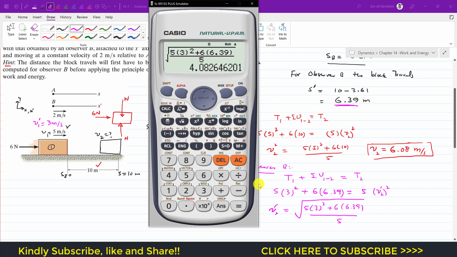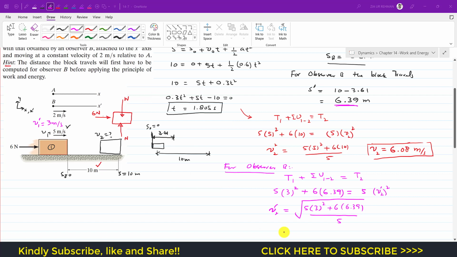This gives us the V2 dash velocity of 4.08. So V2 dash is 4.08 meters per second. Now if we compare V2 with V2 dash, the difference is 2 meters per second, the same velocity with which observer B is moving.